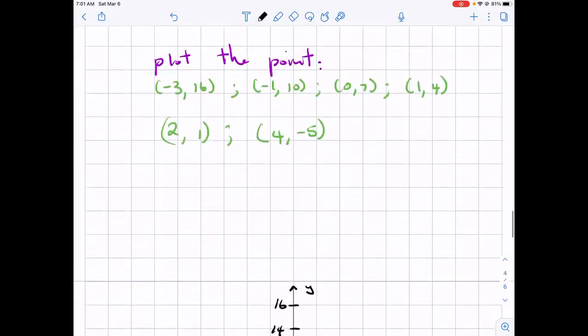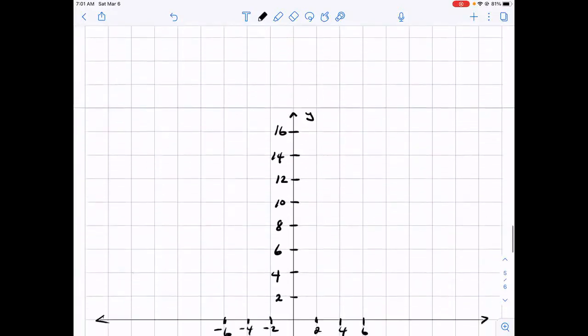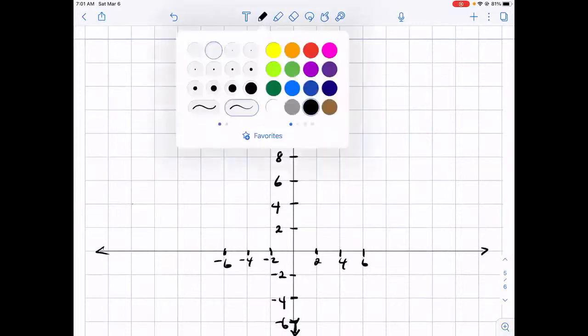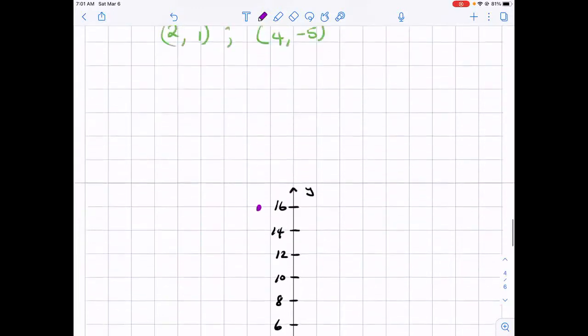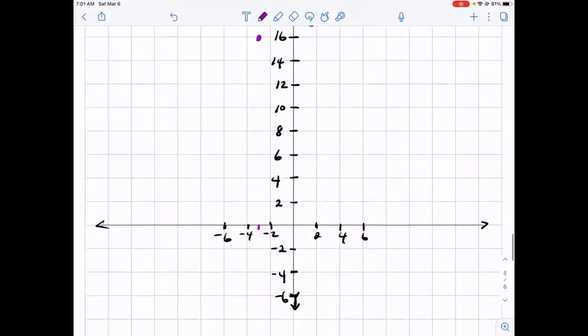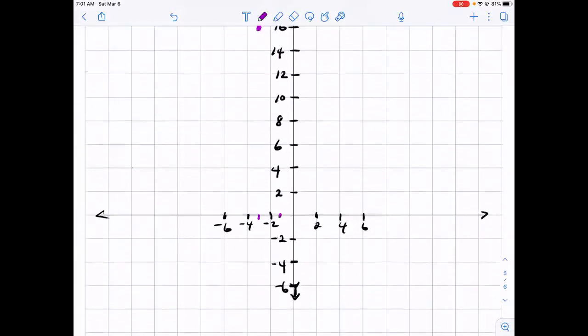So the first point is -3, 16. So -3 will be somewhere over here, and 16 will go all the way in the top. So that's my first point. My next point is -1, 10. So -1 is going to be somewhere here, and that's going to be somewhere over there.